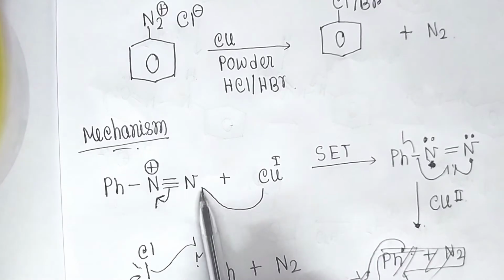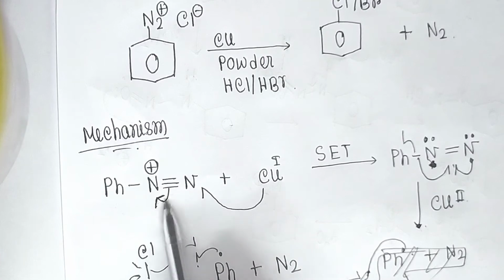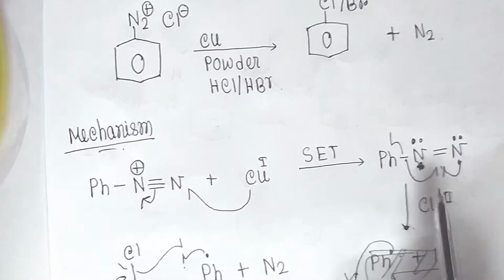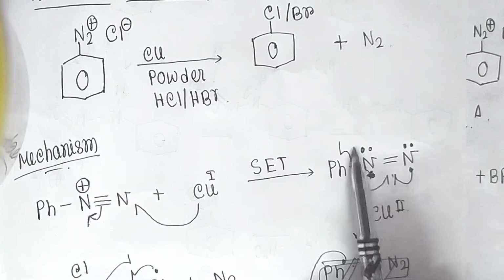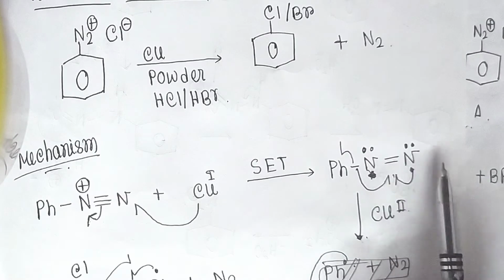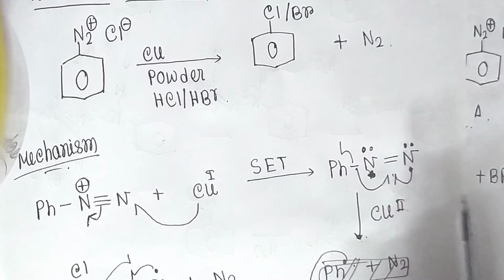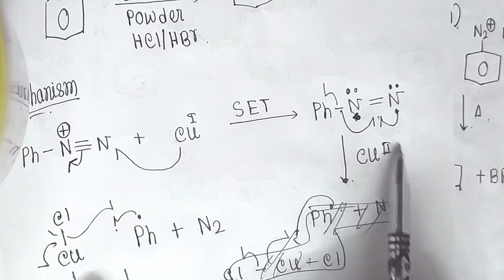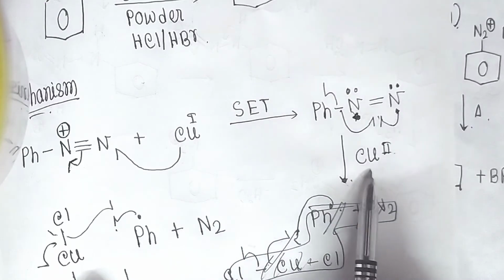So Cu+ gives only one electron to this nitrogen, and this bond gets repelled, and this bond falls into N+. So what we get is this thing, where Ph N, here is a lone pair, and in this N there was one lone pair and one single electron from copper. So copper 1 has become copper 2, right? Because he has donated one electron.